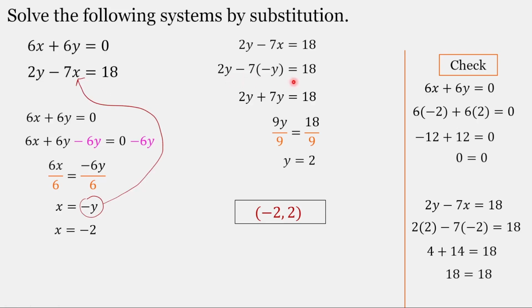And then solving that equation, we end up with y equal to 2. And then with a y value equal to 2, we can then substitute that back into this equation. And we get x equal to negative 2. So our solution is negative 2, 2. An x value of negative 2 and a y value of 2. And then check your answer.